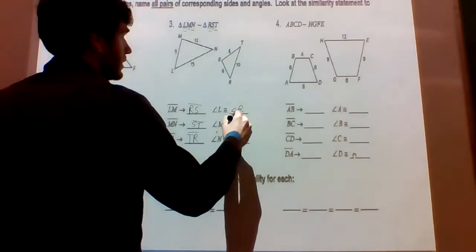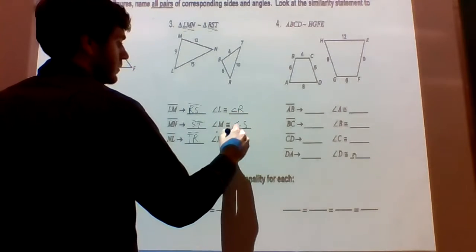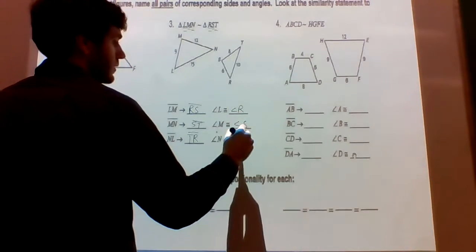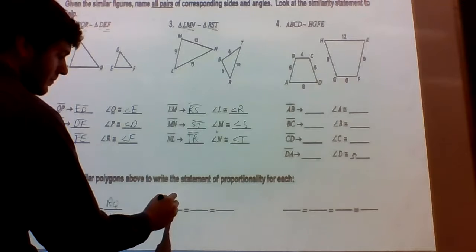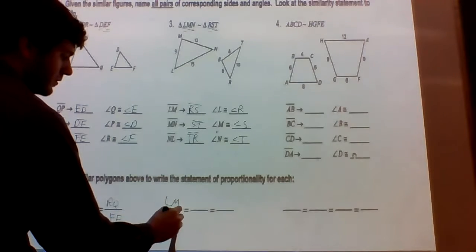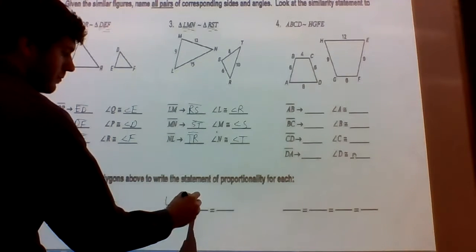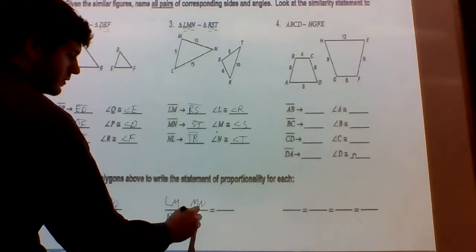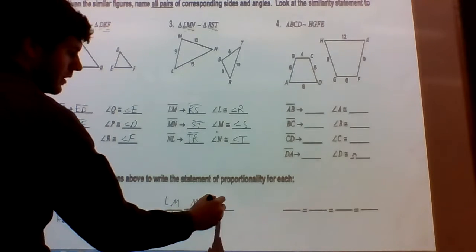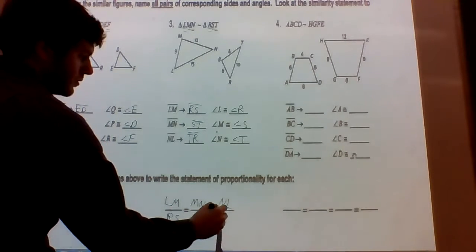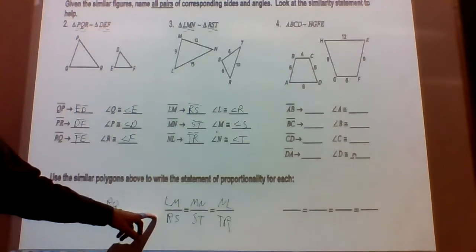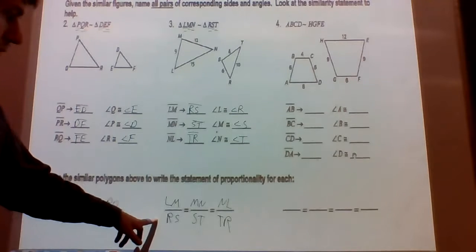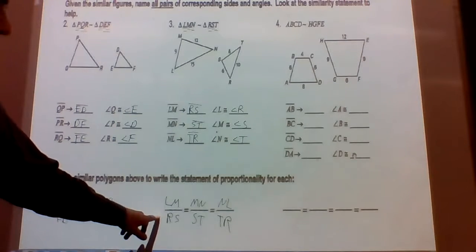Angle M is congruent to angle S, and angle N is congruent to angle T. Our statement of proportionality: LM is to RS as MN is to ST and NL is to TR. So these are the ratios for each pair of corresponding sides. That's our proportion.